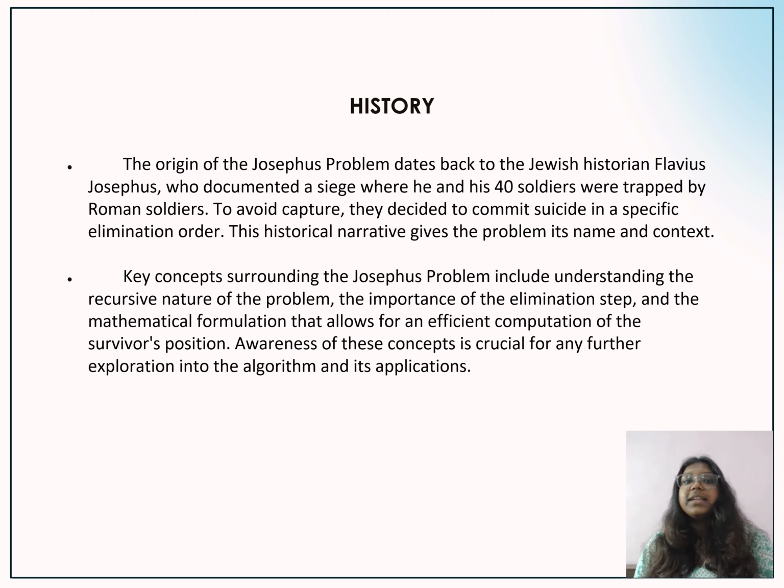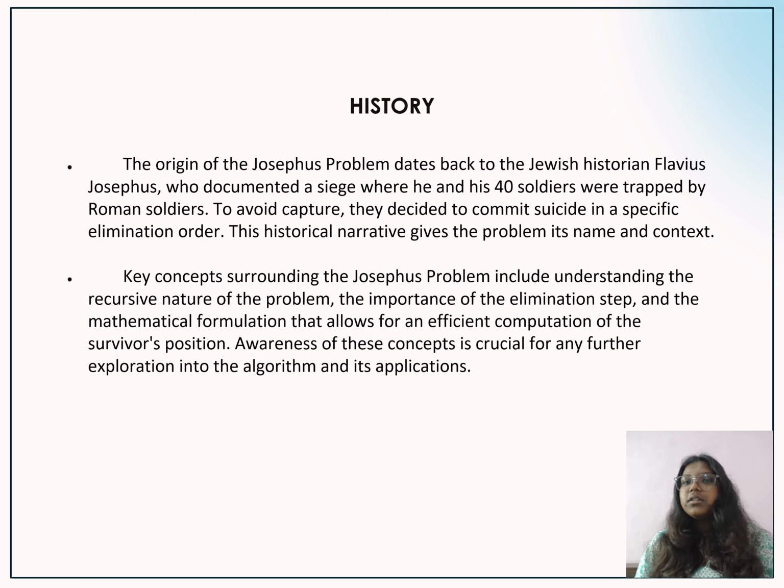Now, let me tell you the story behind this puzzle. Flavius Josephus was a Jewish historian living during the Roman conquest. He and 40 of his soldiers were trapped in a cave surrounded by enemies. They decided that rather than being captured, they would form a circle and eliminate every third person until no one was left.